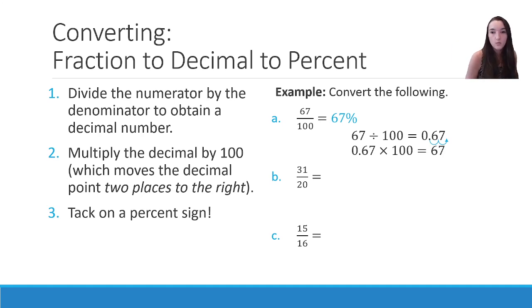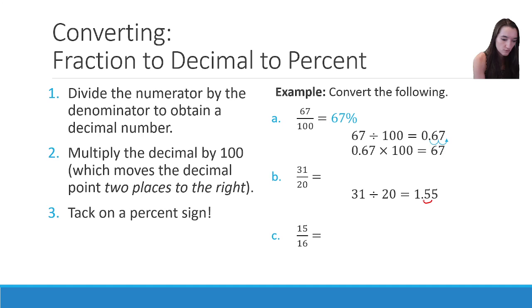But now let's look at one where it's not as obvious. 31/20ths. So this is actually an improper fraction. If you know anything about percents, you might expect that this will actually be over 100%, but let's see how that works. 31 divided by 20, throwing that in our calculator, will get us 1.55.